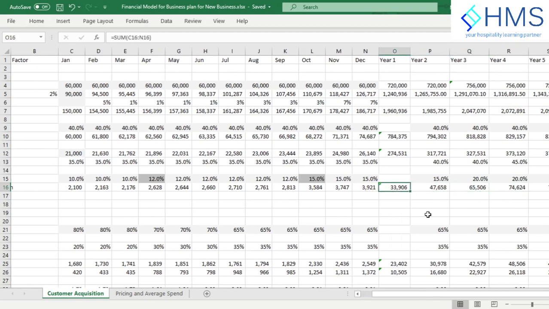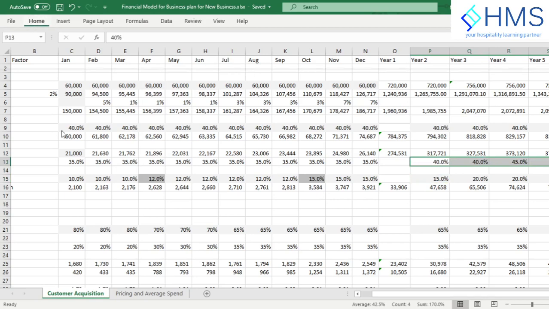So here you can say, on average, you have 33,000 customers in a year, but in year 2 it's increasing to 47,000. So here what we have done is increased the market ratio itself from 35% to 40%, right?